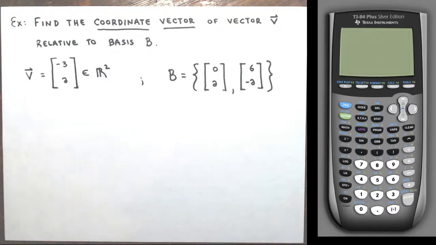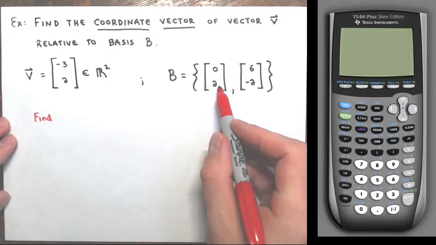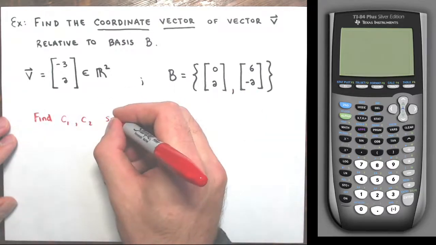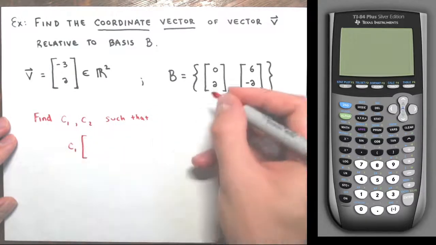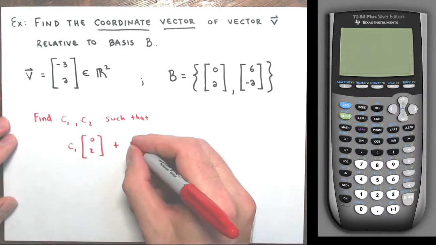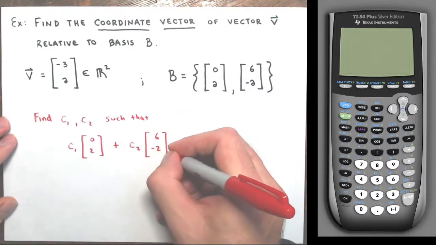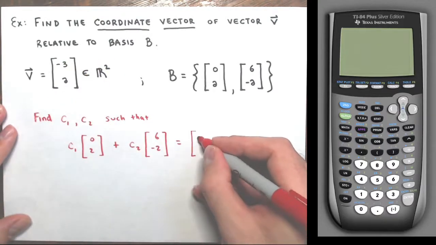Again, I'm going to try to find the coordinates. What that means is there are 2 vectors in this basis, so I want to find 2 scalars, C1, C2, such that C1 times 0, 2, plus C2 times 6, -2, is equal to the vector from R2 that we have, -3, 2.